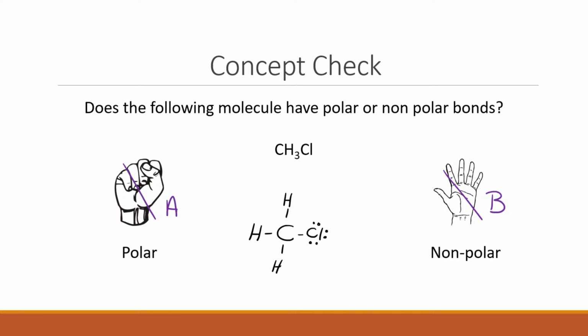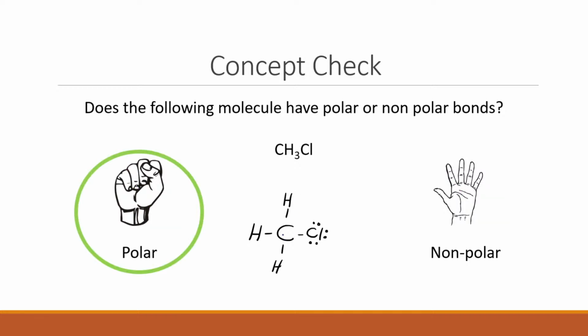Here, more polar bonds. Carbon connected to anything other than carbon. Right, C connected to H. I've got three of those, and I've got C connected to Cl. Those are polar bonds. The only time a bond is nonpolar is if it is the same element on either side of the bond.